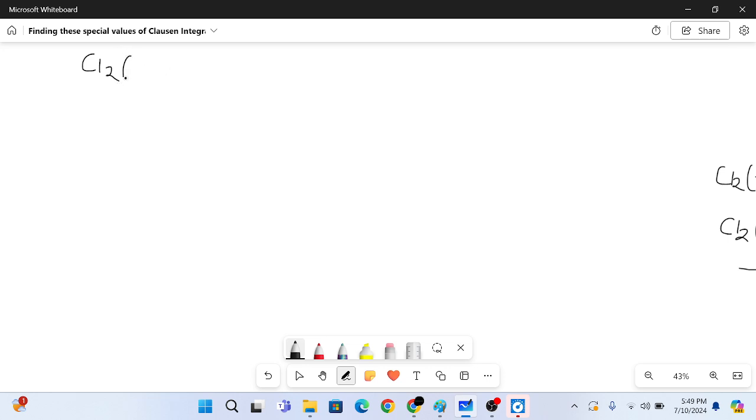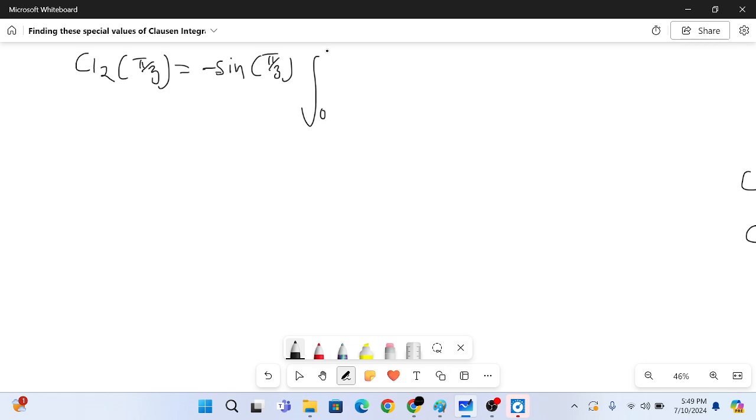Now when we want to find trigamma of pi by 3, again we use the same integral representation. So we will have minus sine of pi by 3, and then the integral from 0 to 1 of log x, x squared minus 2 cos pi by 3 times x plus 1 dx.